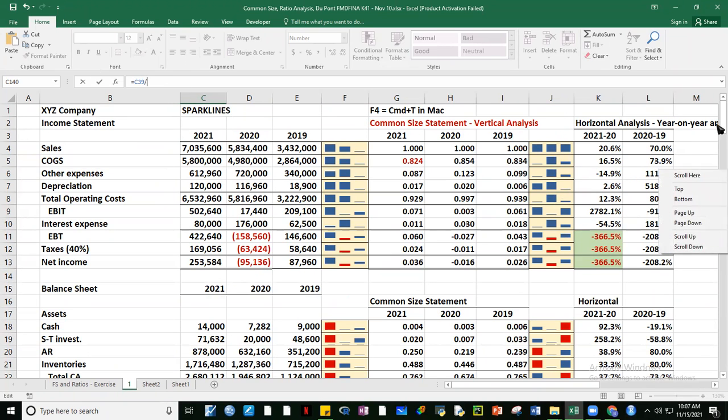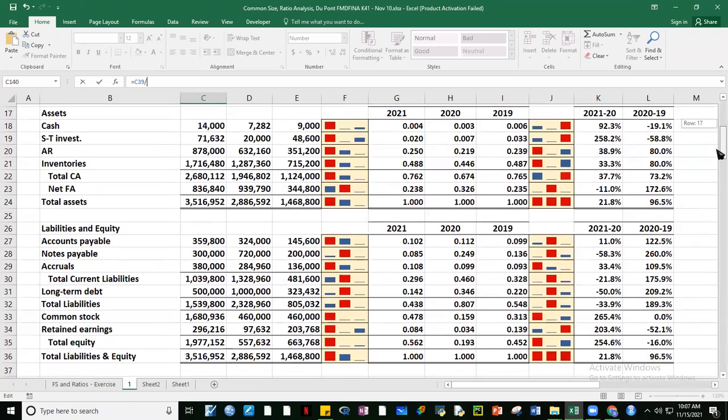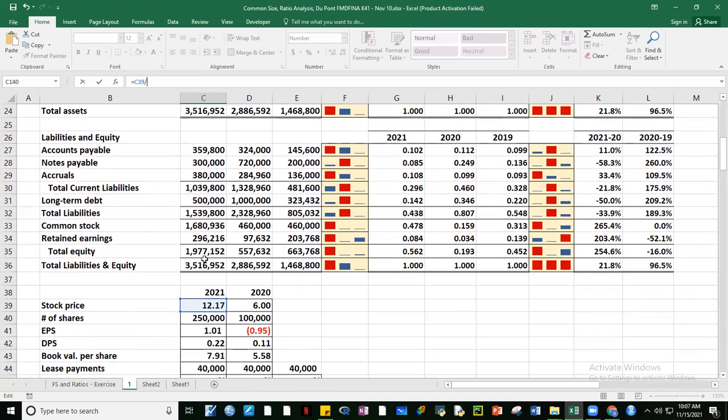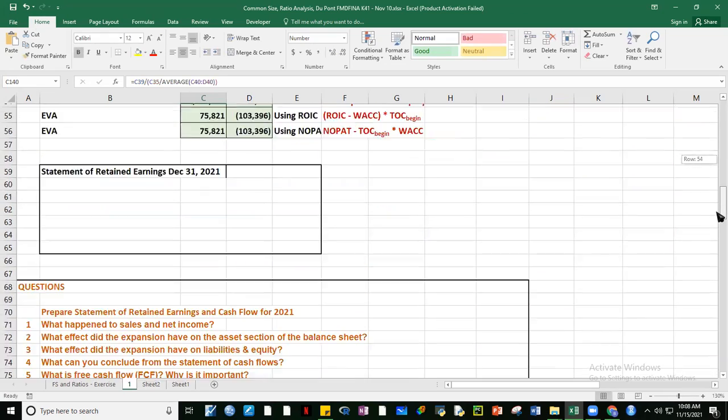So makukuha natin yan sa total equity. Okay, and then divided by per share natin is the average of the number of shares. Then flash ko yung answer, ha.